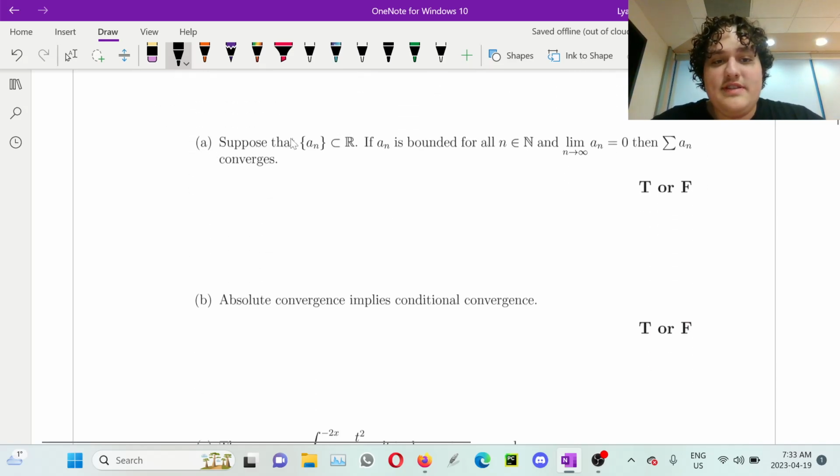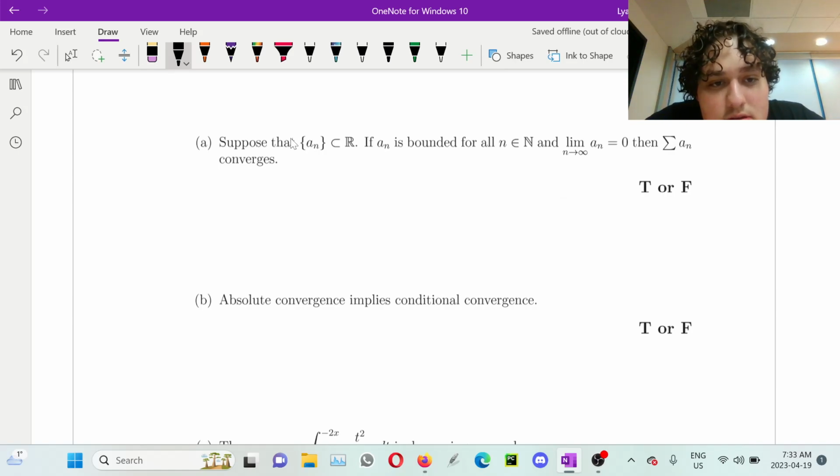Suppose the sequence AN, which is contained in R, is a sequence that's contained in R. If it's bounded for all of its terms, and its limit approaches 0, then the series converges.